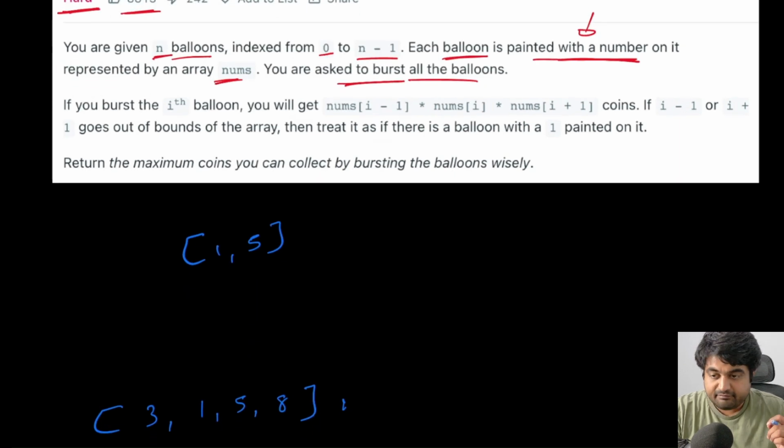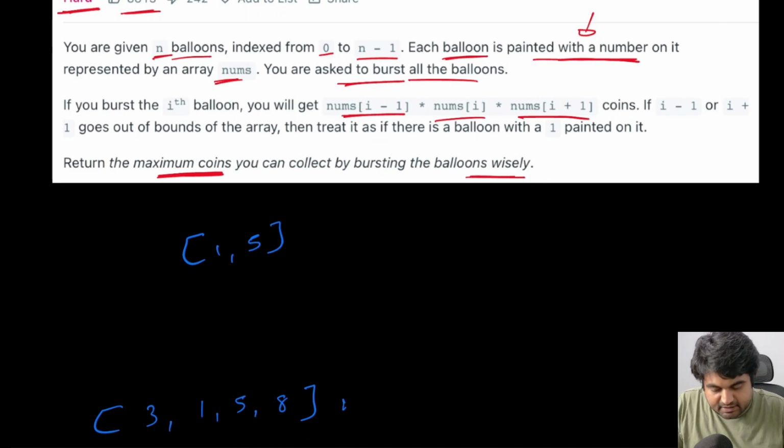But the thing is, when we burst a balloon, we actually get coins by multiplying its neighboring values with that particular number. And then the neighbors change because we already burst a balloon from in between, and then we keep on repeating the same process. Our aim is to receive the maximum number of coins by bursting the balloons wisely.